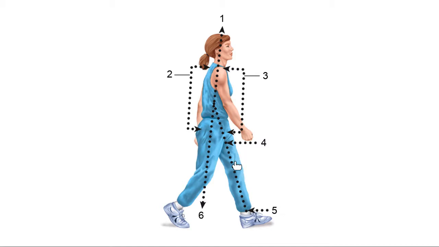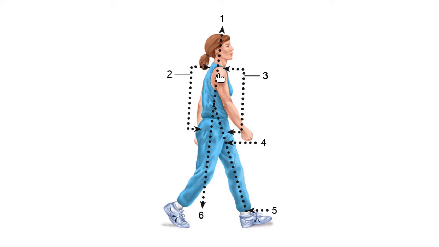In our limbs, upper limb and lower limb, we have proximal, which is number 4. It means near to the site of attachment, and distal means away from site of attachment.